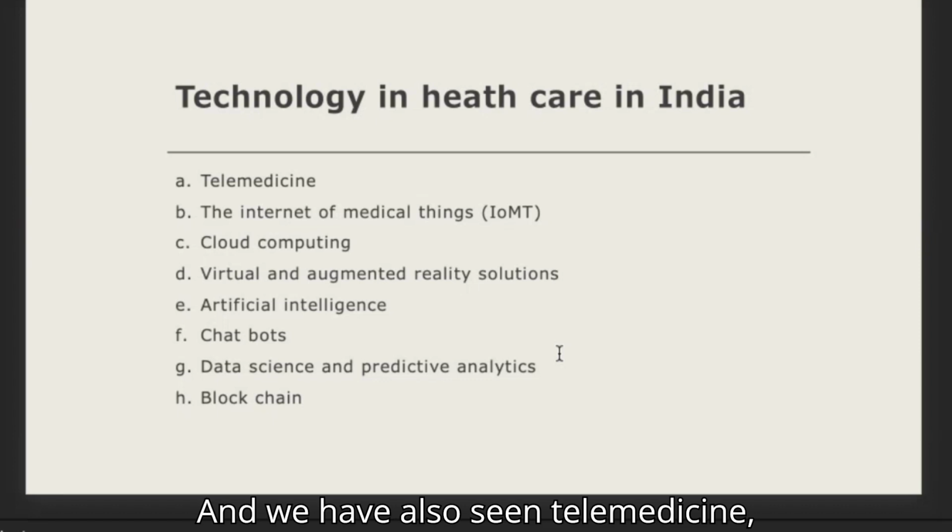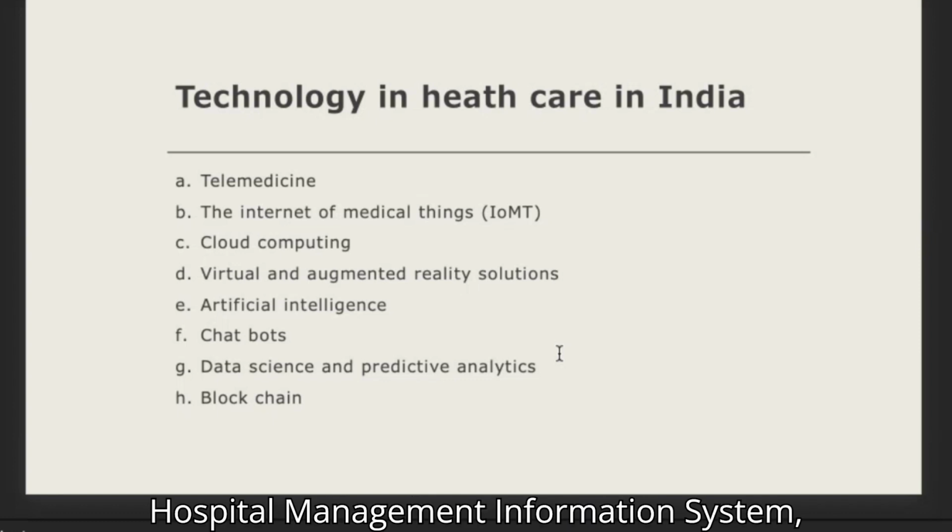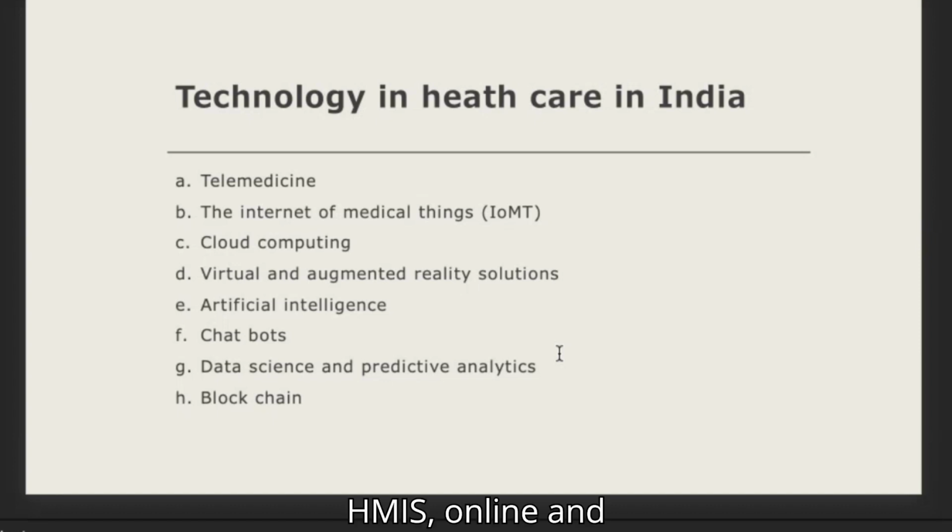And we have also seen telemedicine, teleradiology, hospital information system (HIS), hospital management information system (HMIS), and electronic medical records (EMR) all being set up.